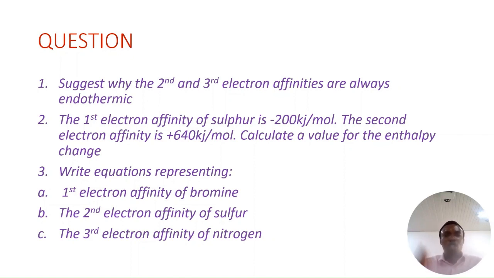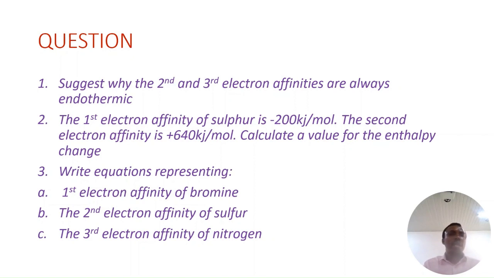So it's just a summation of the first electron affinity and the second electron affinity, because sulfur has 6 electrons in its atom shell, so it needs 2 electrons to complete its octet state. You are going to have first and second electron affinity, so the value is just the sum of the first electron affinity and second electron affinity.